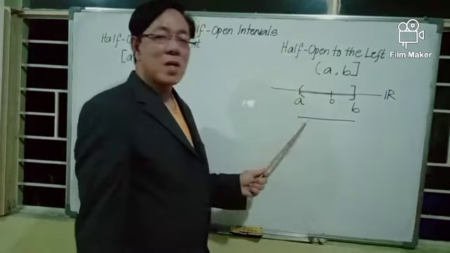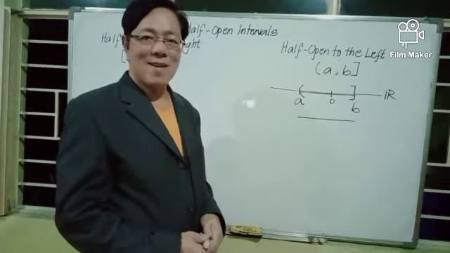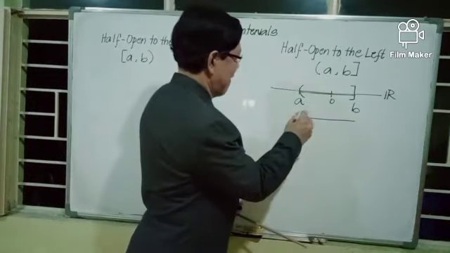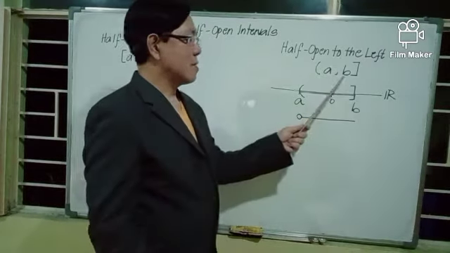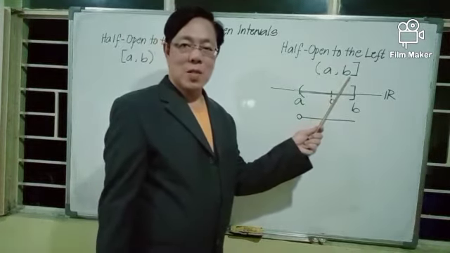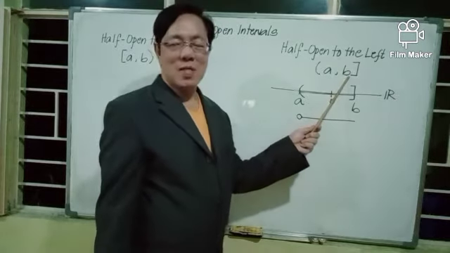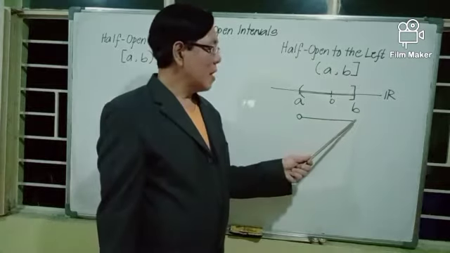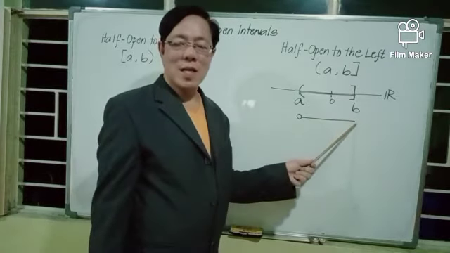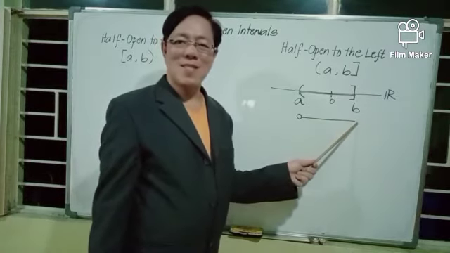In the diagram, we can indicate that by open circle. And the half open to the left is closed at the right endpoint, which means the right endpoint or the real number B is included in the set. And in the diagram, you can indicate that using a shaded small circle.